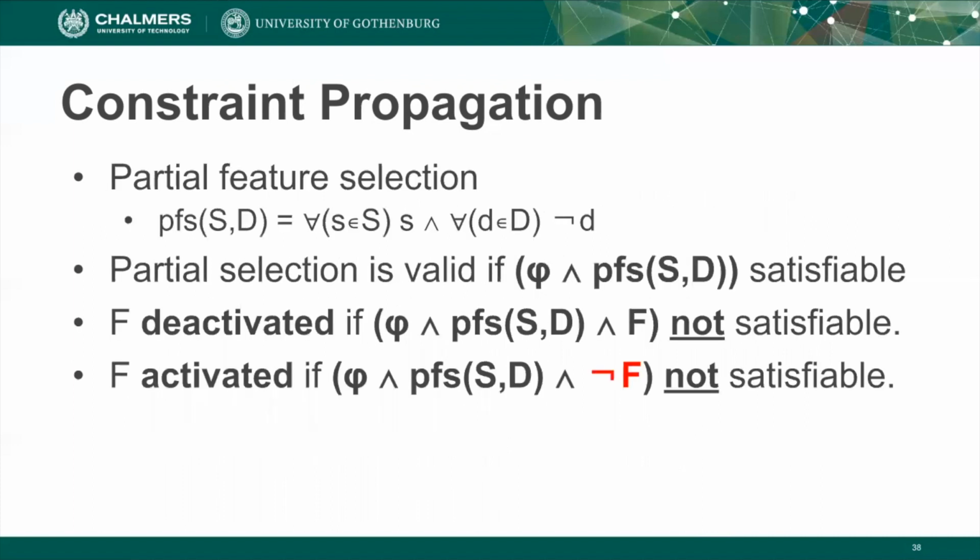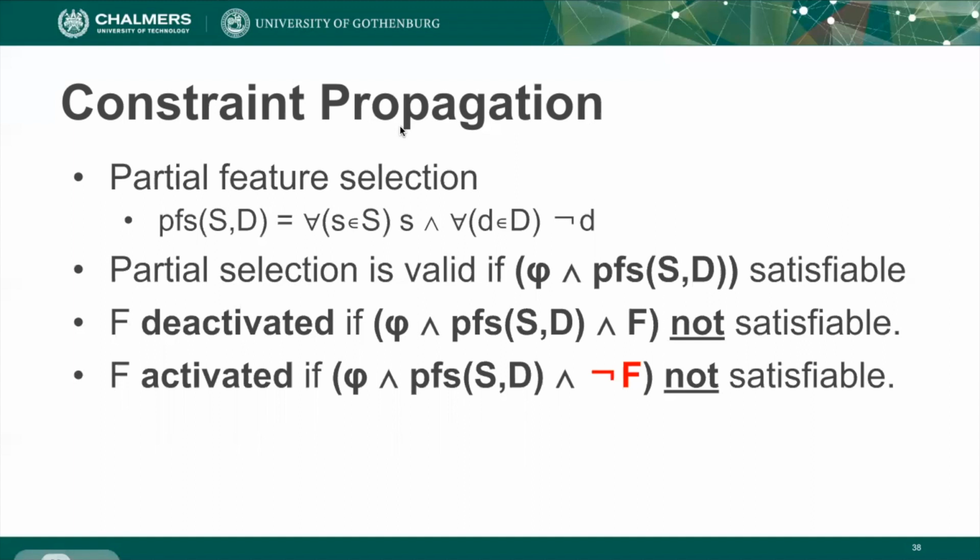Determining which features must be selected or deactivated given a partial feature selection is a similar process to detecting dead or mandatory features. We encode a partial feature selection with the sets S and D as that predicate PFS(S, D).